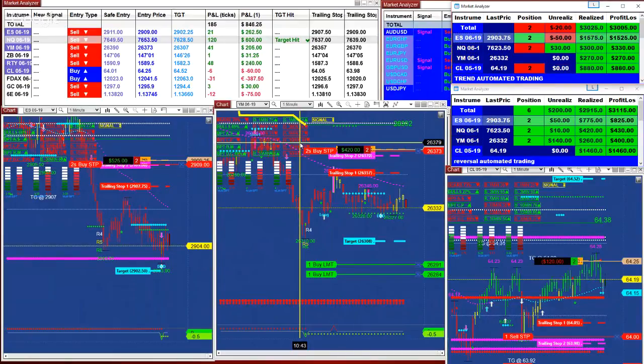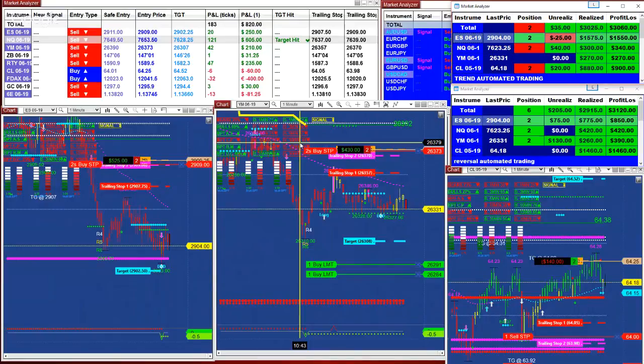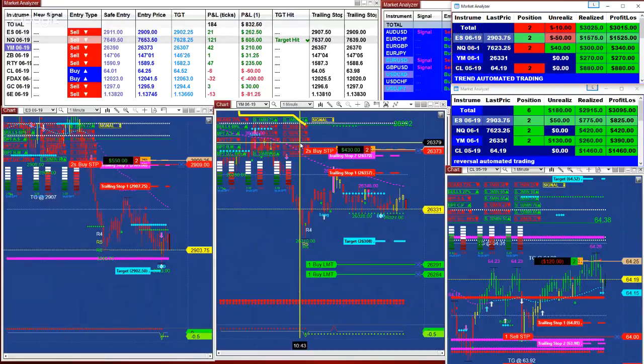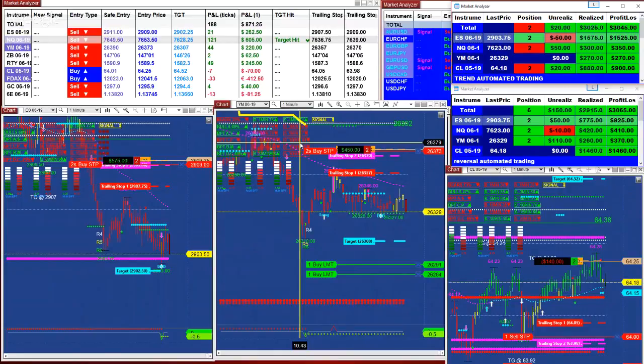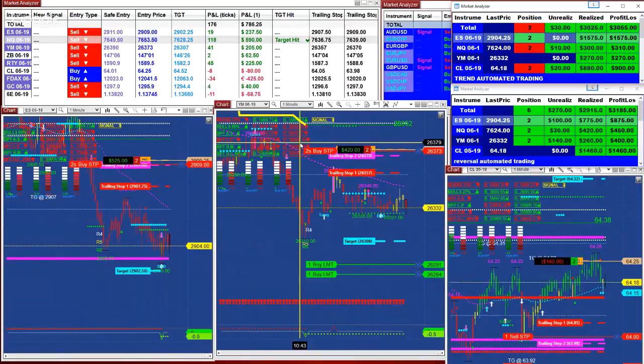So it doesn't hurt to put this market analyzer on the side and keep your eye on it, because it is extremely important to help you with the direction. And 8 out of 10 or 9 out of 10, when they are both in the same direction, there is no way you're going to be losing those trades. So very rare to do that.